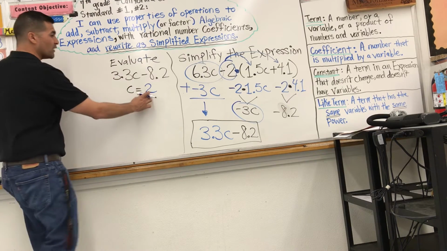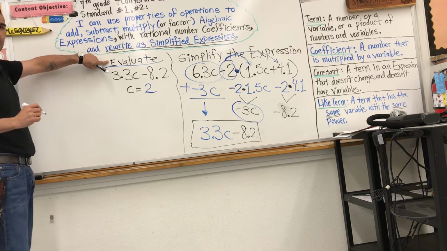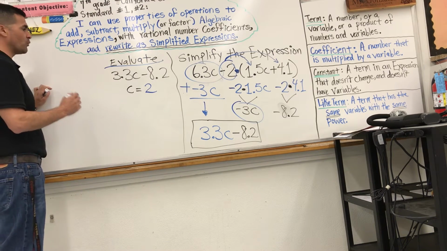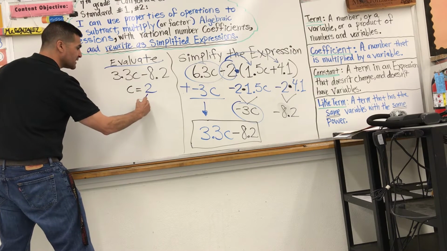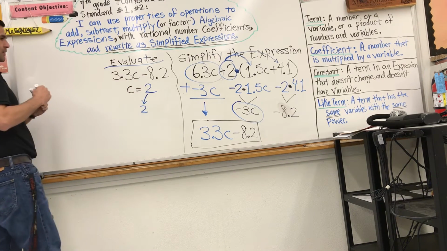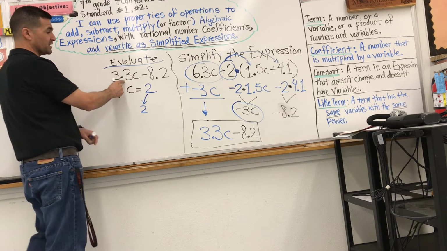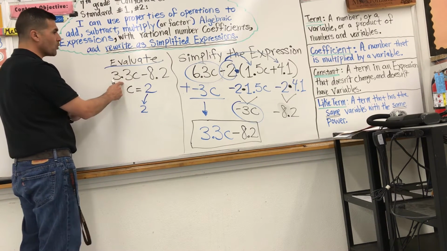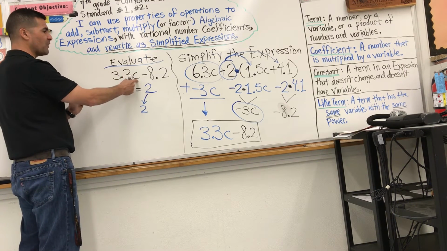When you get a value for c, you can now perform something called evaluating. Here's how you evaluate. You take out the variable c and you replace it with the number 2. Now, since this 3 3/10 is called a coefficient, it's in front of the variable, this coefficient has a definition. It's a number multiplied by a variable.